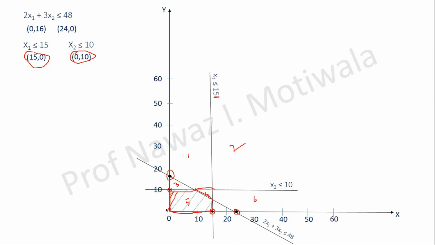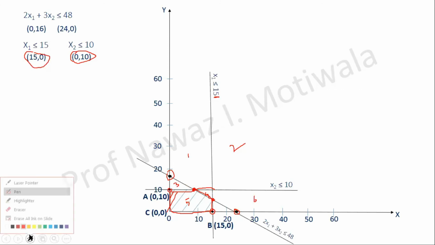What is next? Next we have to find all the boundary points of the region. My boundary points are A (0, 10), B (15, 0), C (0, 0), and now we have to find the values of this point and this point. For that we need to see on which 2 lines' intersection the point lies. This point lies on the intersection of the line 2x1 plus 3x2 less than 48 and x2 less than 10.